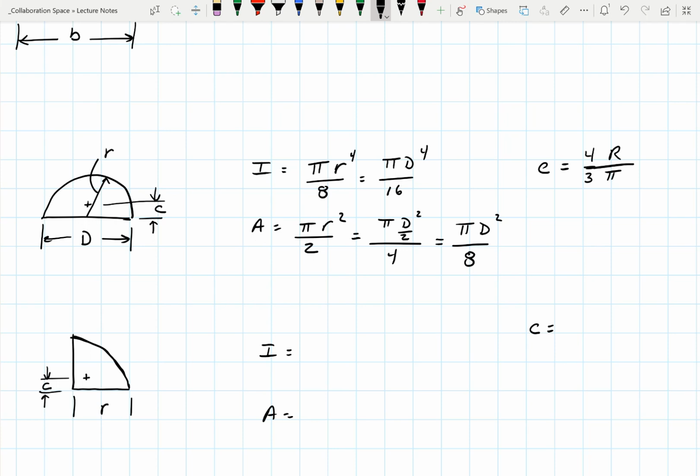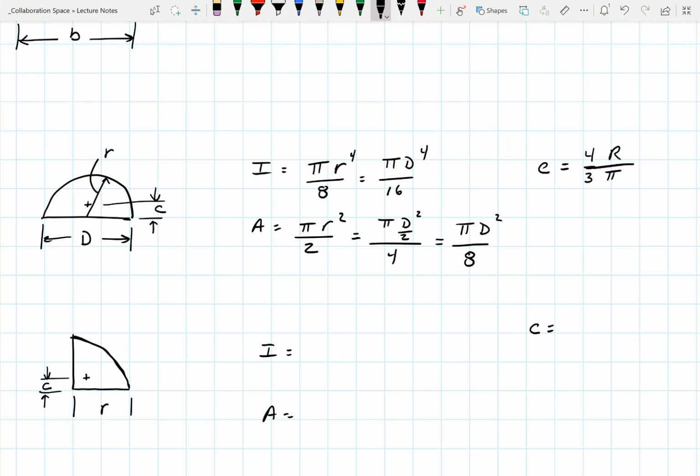So if the centroid is that for a semicircle, what's the C for a quarter circle? Same thing? Now, look at it. Is it really? Something's funny there, because what's missing in this thing?